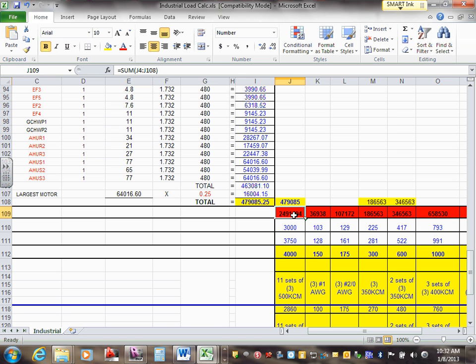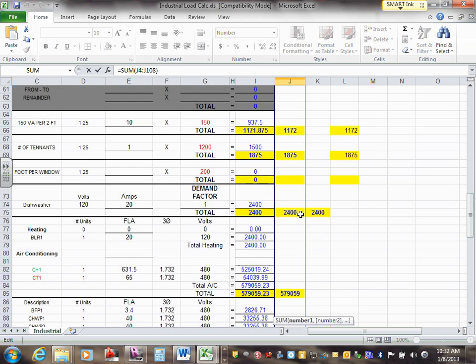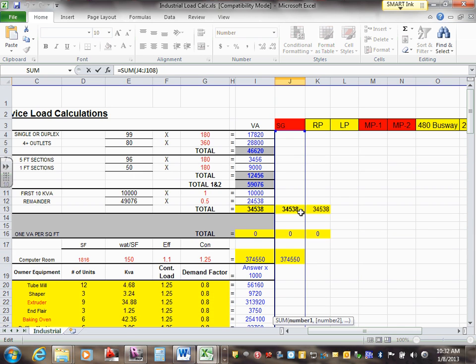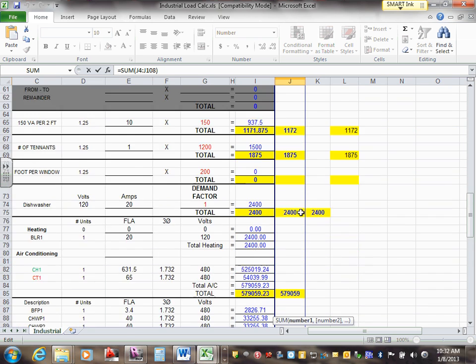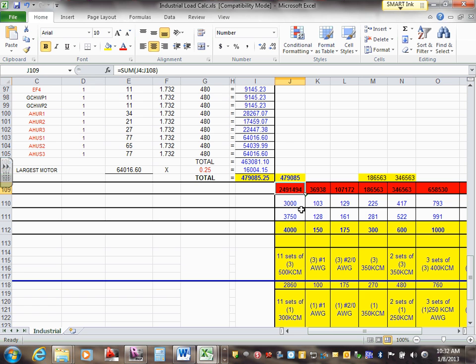Now, look what happened. If you click on this cell, it shows what I did. I just copied everything in this column and added all these things in this column. Then underneath it, you took this number and divided by 480 and 1.73, and that gets you the amps. Piece of cake. So that's where my 3,000 here is coming from.